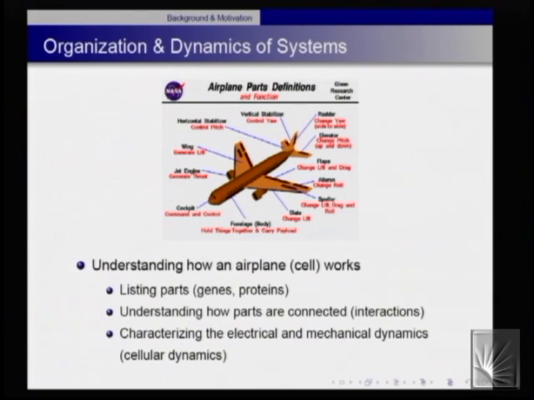Of course, you need to do all, as far as resources allow, and I think we are currently at a stage in systems biology where we are trying to understand how parts are connected. And from that, we are trying to go into a more detailed model of cellular dynamics.